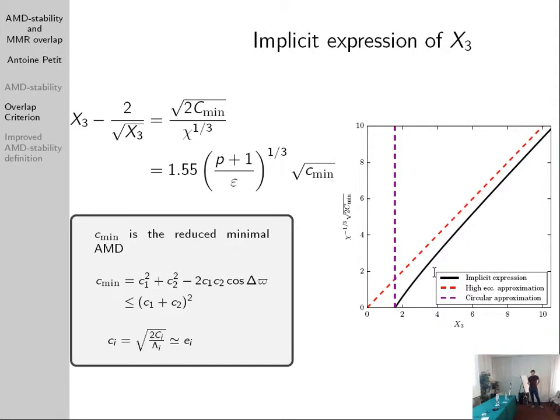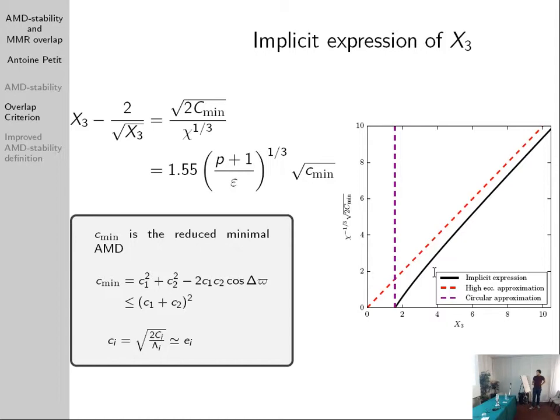We can invert the expression that was in the previous slide to have an implicit expression of x3 as a function of the minimal AMD of the resonance, and reduce this quantity to something that depends only on reduced quantities: the AMD divided by lambda I, which is roughly proportional to e_I for small eccentricities.